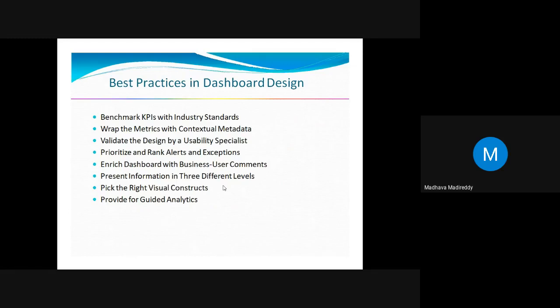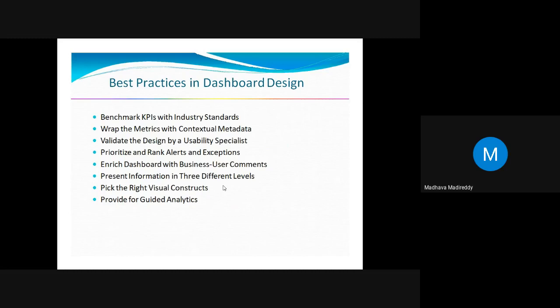So the best practices: we look at the best practices, benchmark KPIs with the industry standards. Then we wrap the metrics with contextual metadata. We talked about metadata. So fundamentally, metadata is data about the data itself.